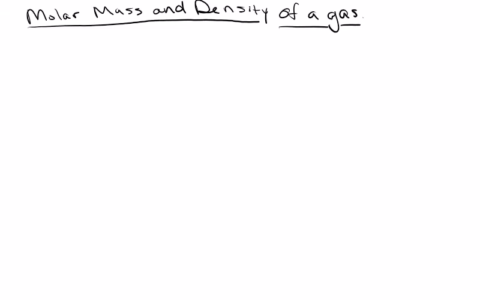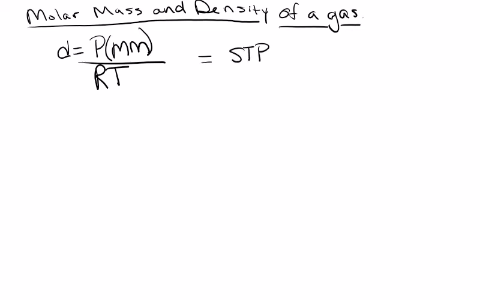The other type of problem that you're going to see with molar mass and density is the calculation of density. To calculate density, you would use the pressure times the molar mass of the gas over R and T. Now keep in mind, there's also a note in your notes that talks about what is going to happen at standard temperature and pressure.